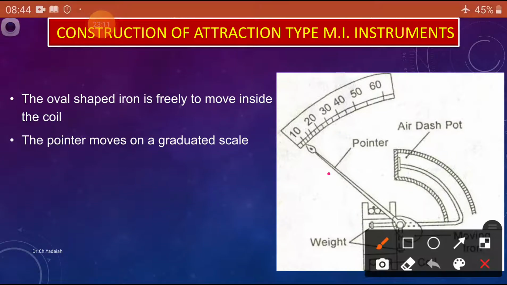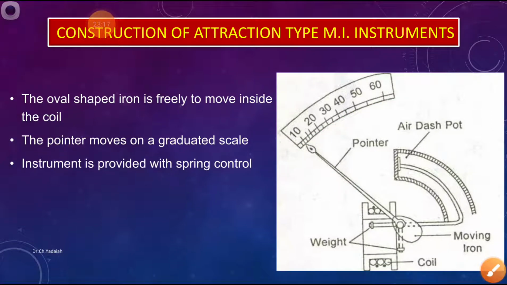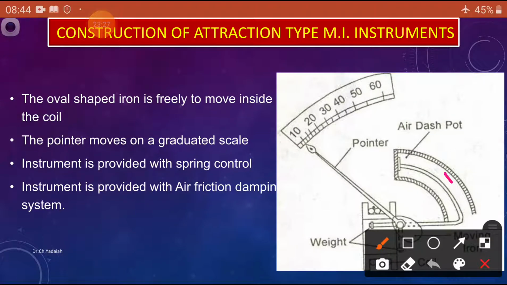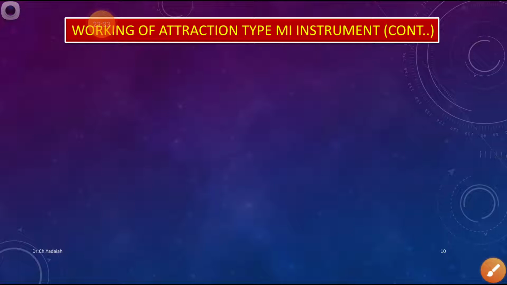You can see the pointer is moving on a graduated scale. The instrument is provided with a spring control. So here spring control is provided. The instrument is provided with air friction damping. This is air friction damping. We can use any type of damping. Here we use the air friction damping.